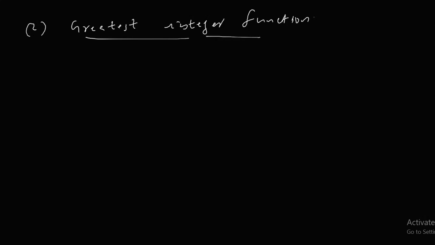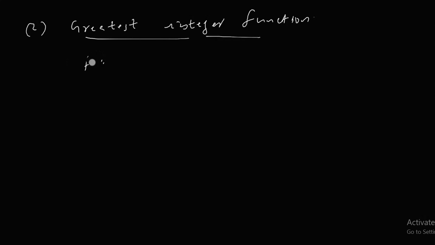Now I'll show you another one, and that is the greatest integer function. This is a function which is used in computer science, definitely. This is how we define it.